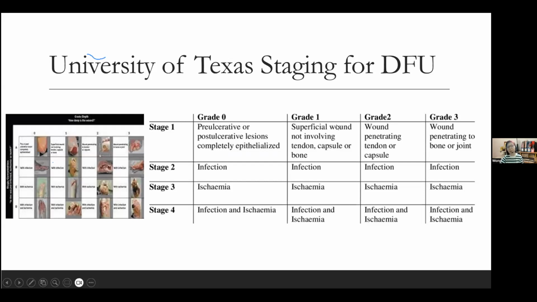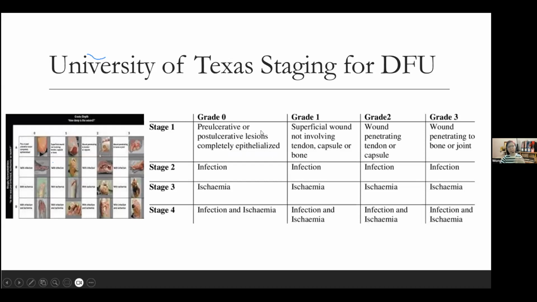Grade 1 is a superficial wound, not involving tendon, capsule, or bone, a bit different from the earlier one. Grade 2 is the wound penetrating the tendon or capsule. And the third one is the wound penetrating to the bone or joint. So these are the basic stages.